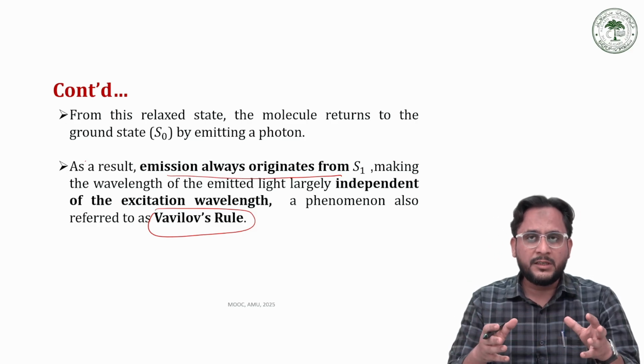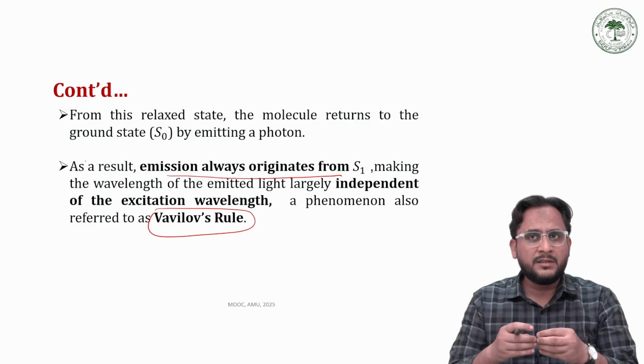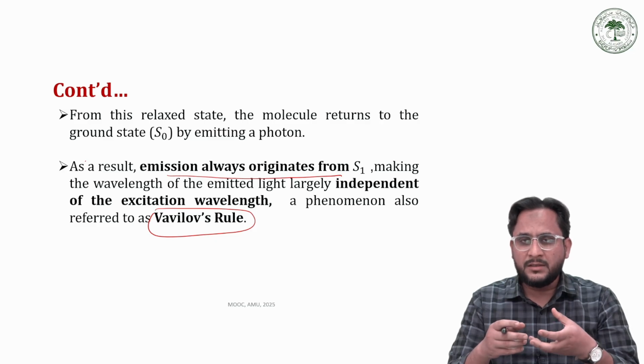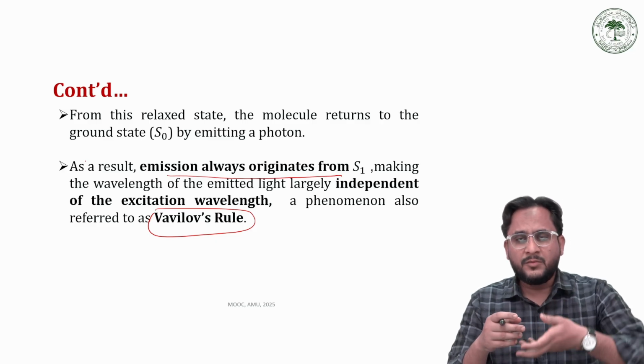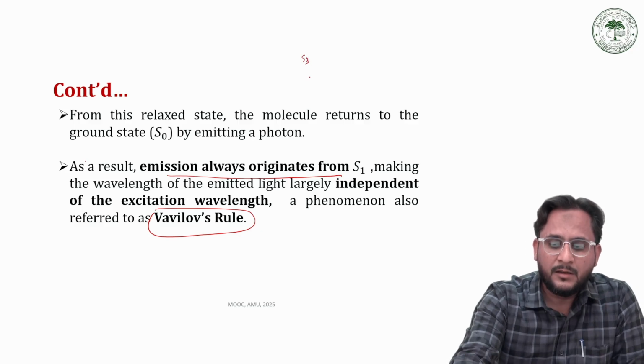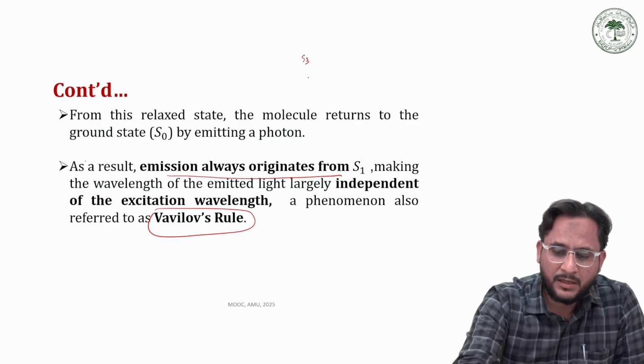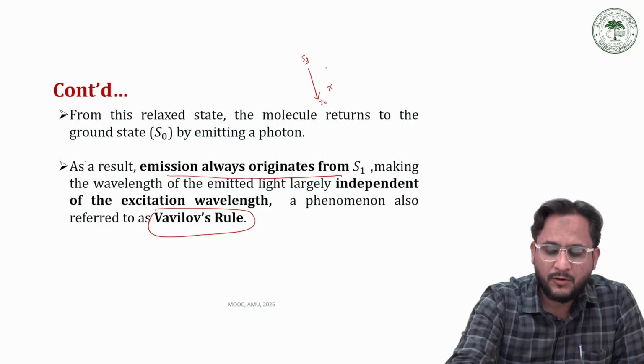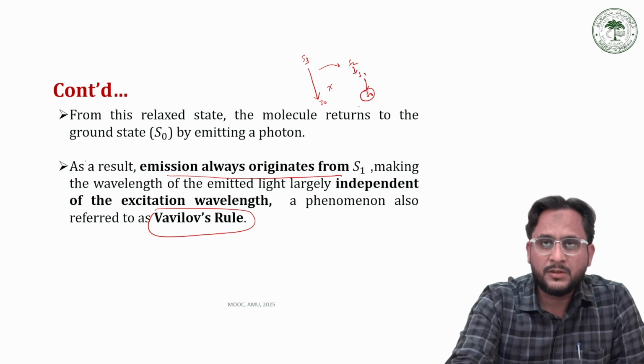No, this is not the case, because even if higher energy radiation is absorbed and the molecule gains large energy, causing electrons to go even to the S3 level, from S3 they cannot directly come to S0. No, this is not possible according to Kasha's rule. From S3 it will first go to S2, then to S1, and finally it comes back to S0.